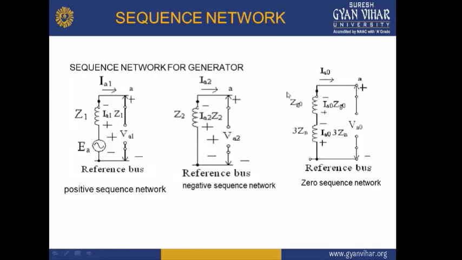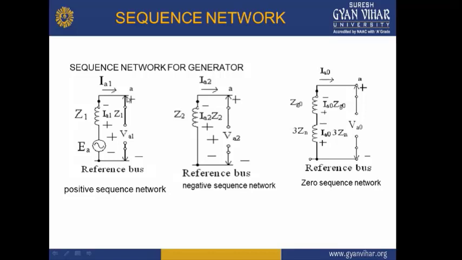Look at this. This is a sequence network for a generator. For example, look at this positive sequence circuit first. We have one positive sequence voltage VA1, and only the positive sequence current is flowing in this circuit. We do not have any other current component.